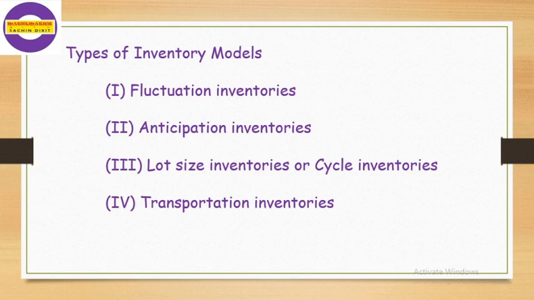These inventories exist because of transportation time. And the last type is decoupling inventories. Such inventories are needed for meeting the demands during the decoupling period of manufacturing and purchasing.